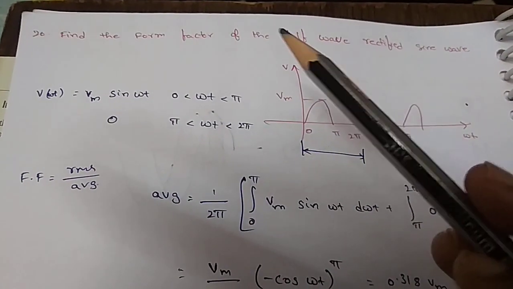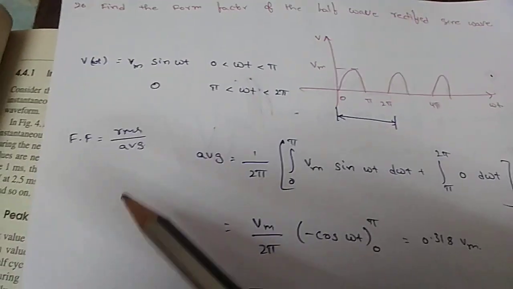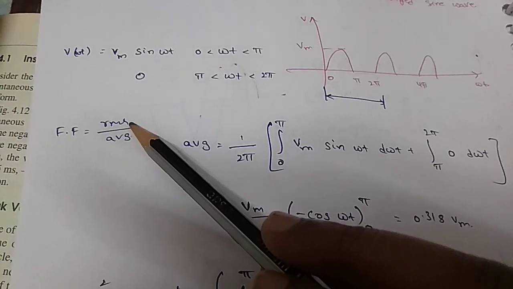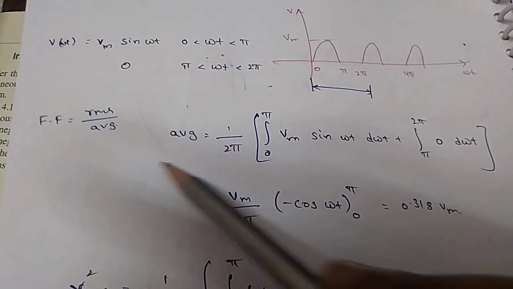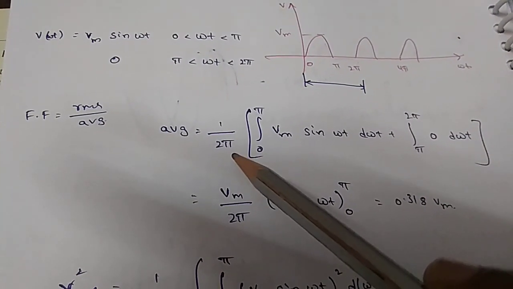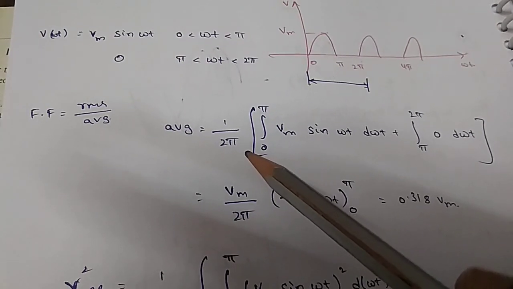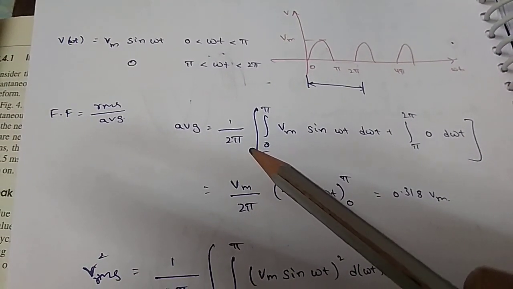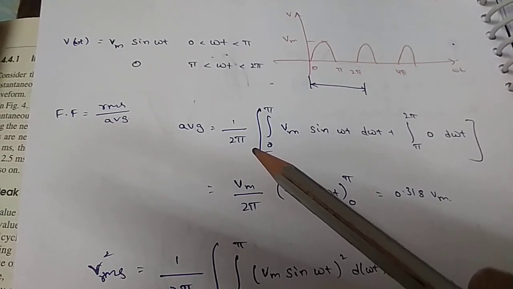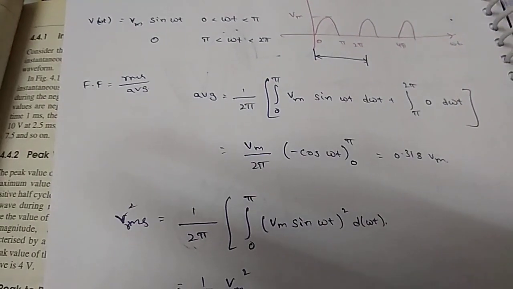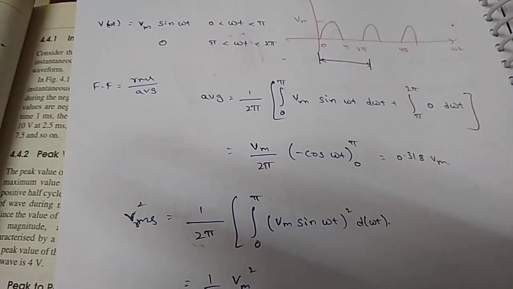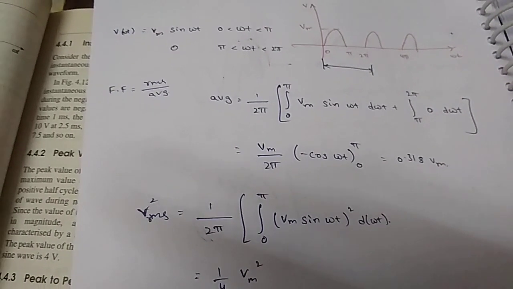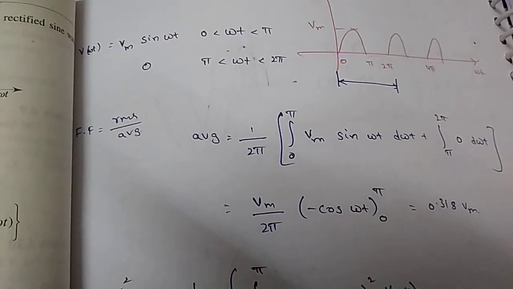We are required to calculate the form factor here. To calculate the form factor, we need the RMS value and the average value. I already stated that to calculate your form factor, we need this.